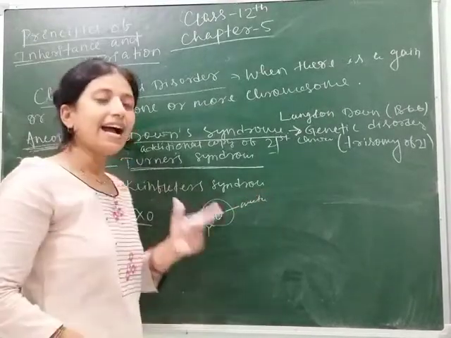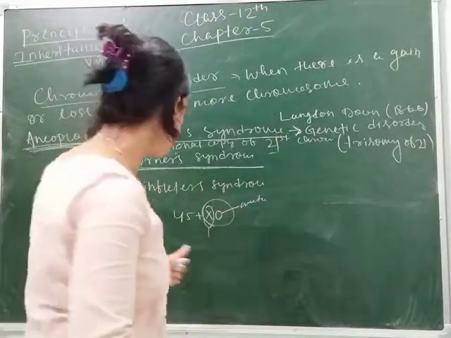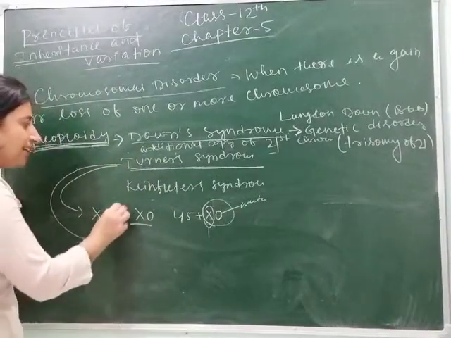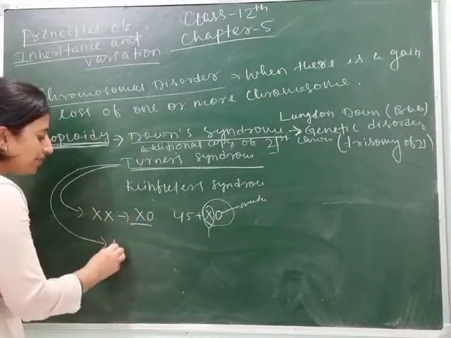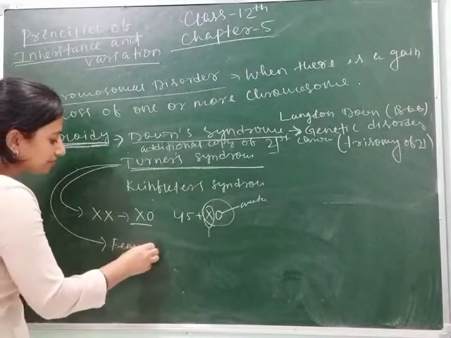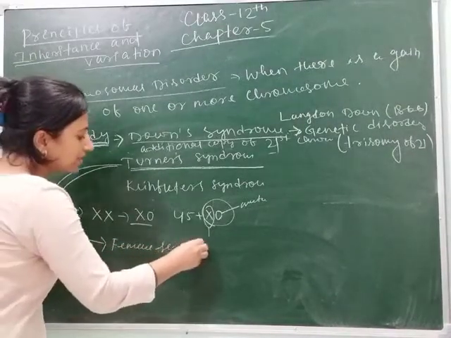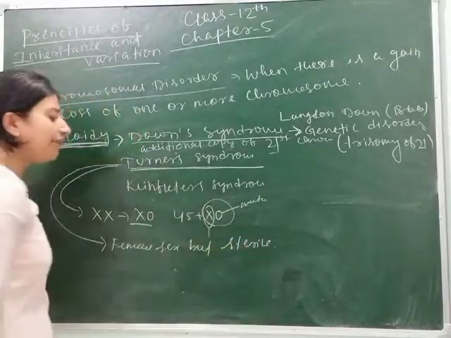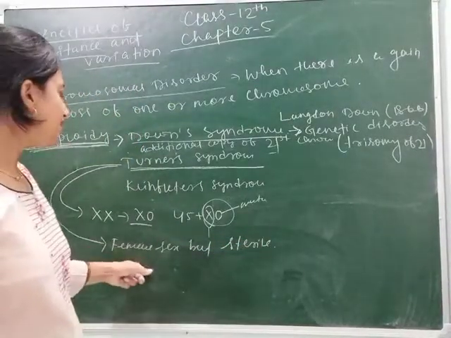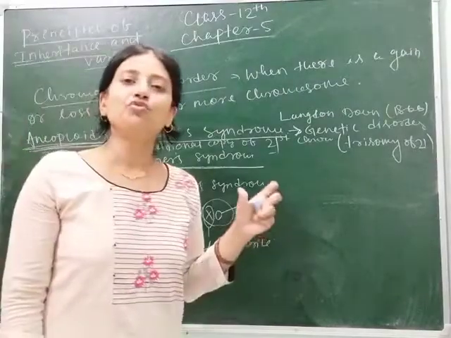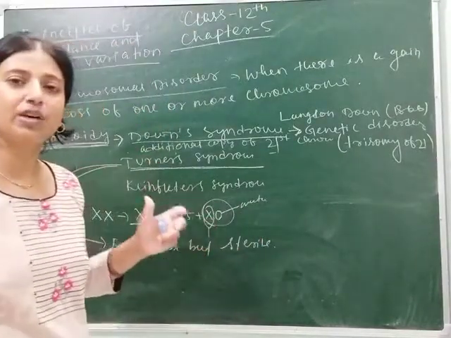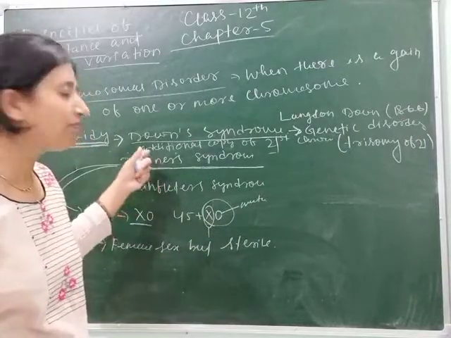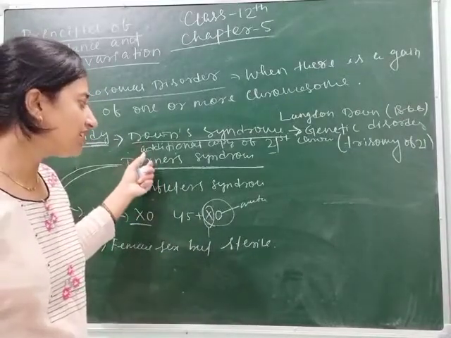As a result of the lack of one sex chromosome, the sex of the child gets affected, and it shows the female sex but sterile. Sterile means unable to reproduce, means they will produce no ovum, and secondary sexual characters are absent in persons with Turner syndrome.